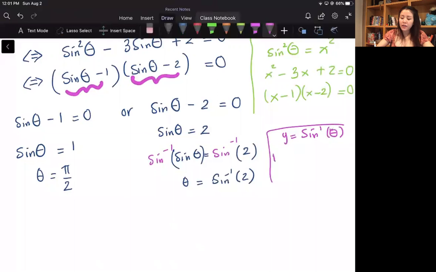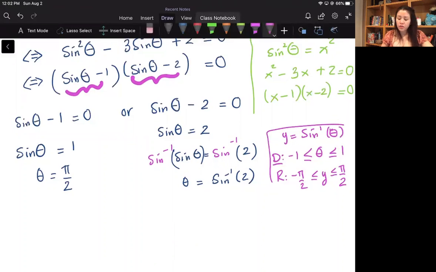Well, its domain is between negative 1 and 1. And its range, just FYI, is between negative pi over 2 and pi over 2. Okay, so there should be a y here, not theta.